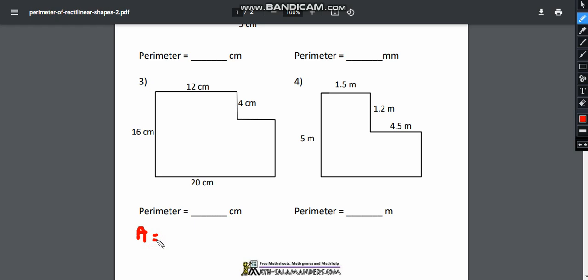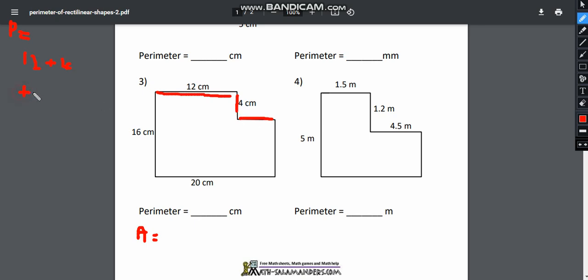Okay, the perimeter isn't too bad, so we'll just do it on the left hand side here. So it's 12 plus 4. What's this length? Well, we know that the bottom length is 20, this top length is 12, so this must be 8 here.